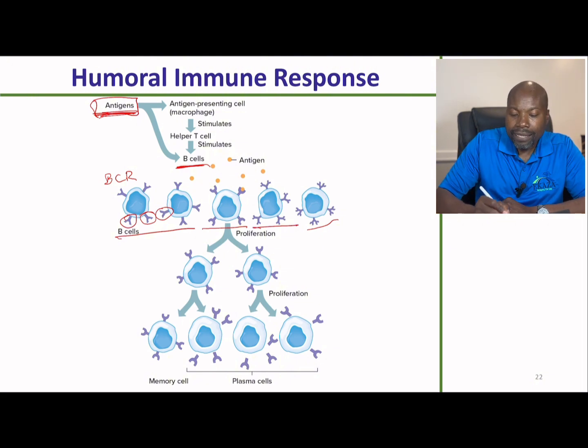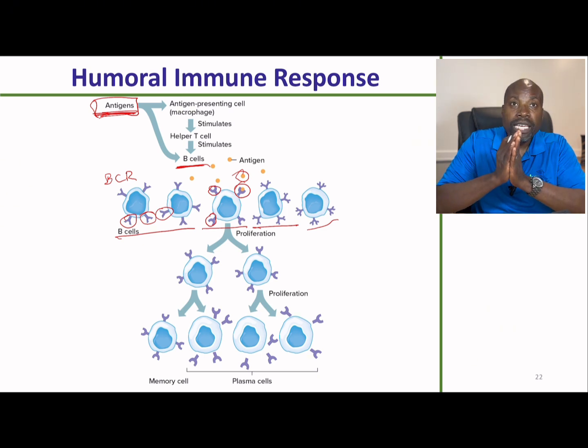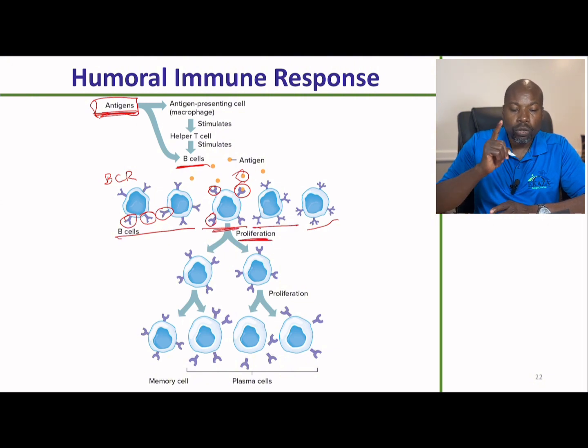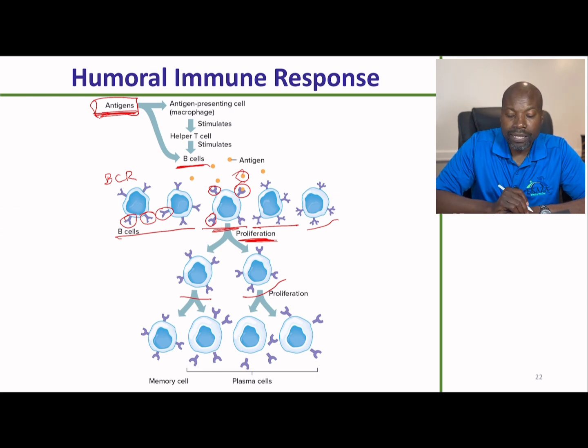So the B cells with receptors matching the antigen are the ones that are going to undergo proliferation under the control of cytokines. As they undergo proliferation, notice that only one type of B cell with its B cell receptor is going to proliferate.